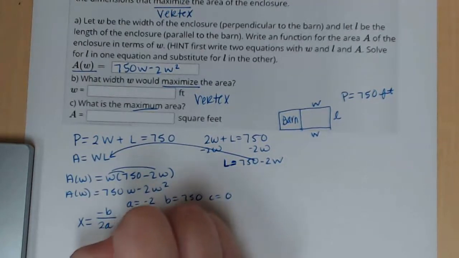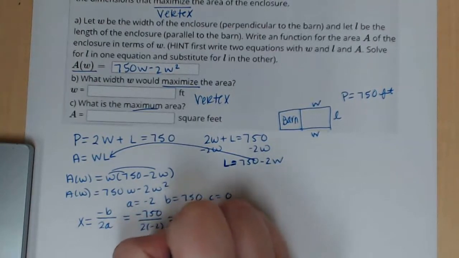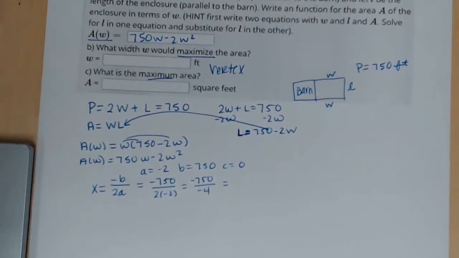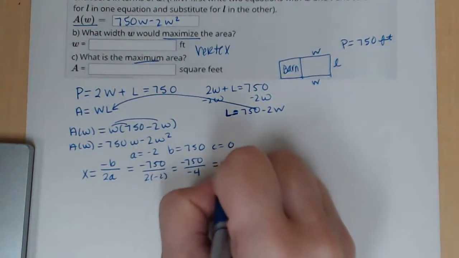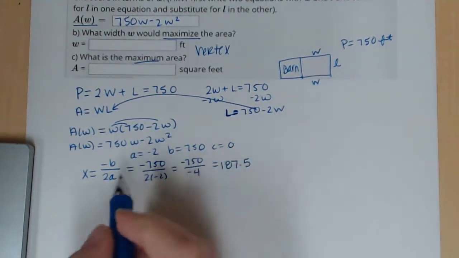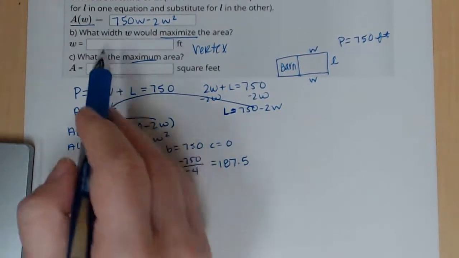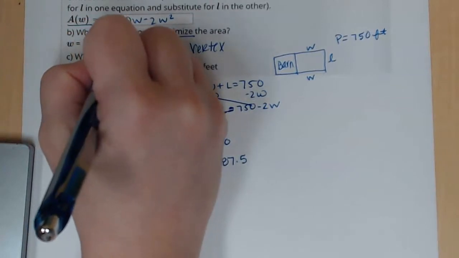So I'm going to say negative 750 over 2 times negative 2. So I get negative 750 over negative 4. When I divide this, this gives me 187.5. Now this is in relation to my W, my width. So what width is maximum area? It would be 187.5.